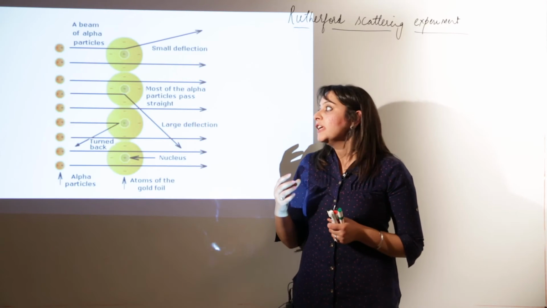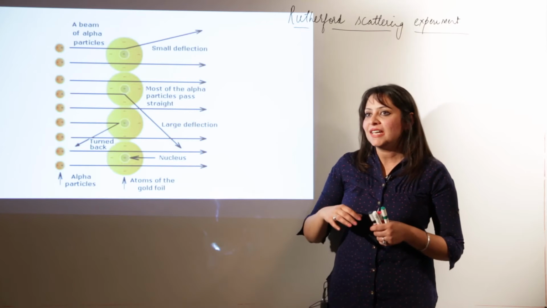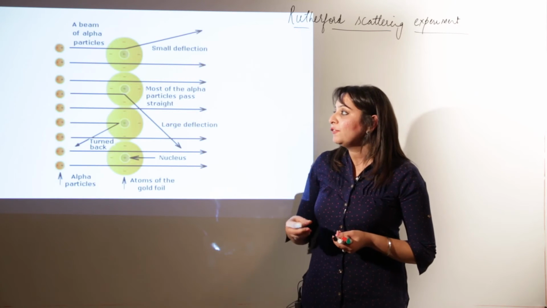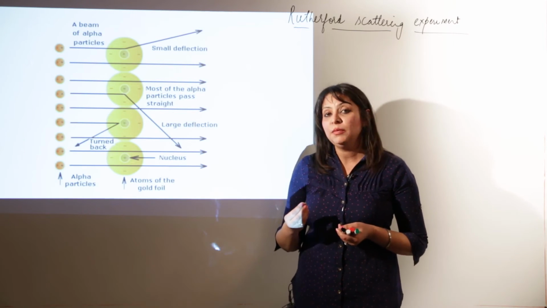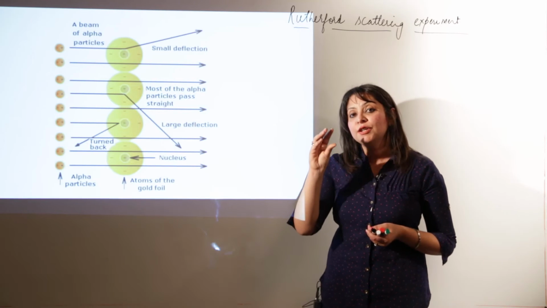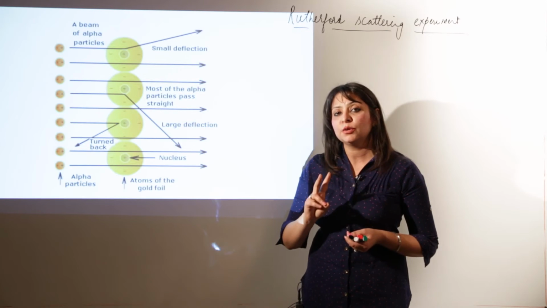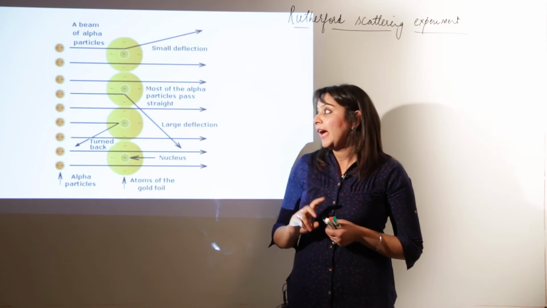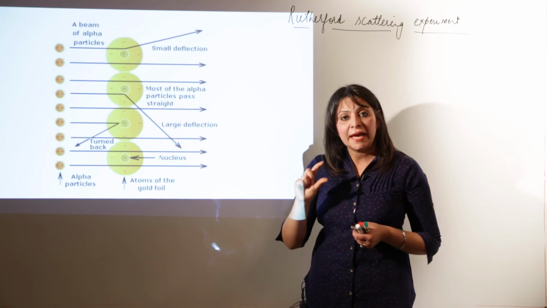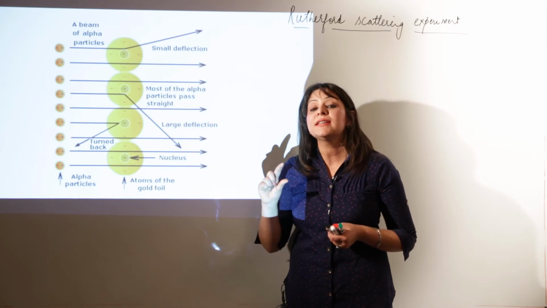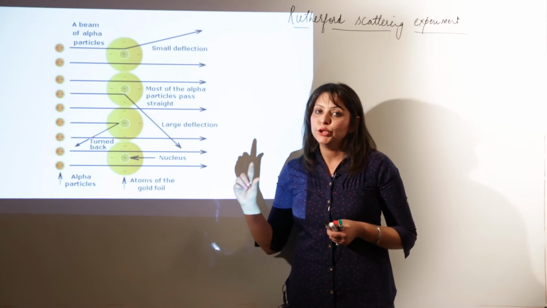Out of, say, 10,000 rays, only a few rays got deflected. That means the mass is concentrated in a small area. So the second conclusion, listen carefully: the small dense mass located in the center is called the nucleus.